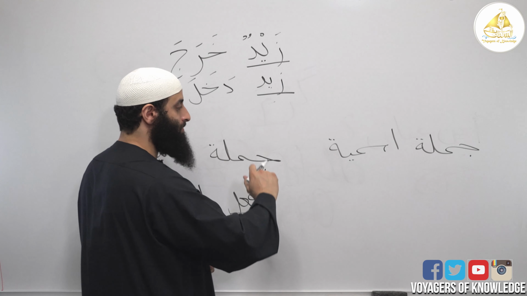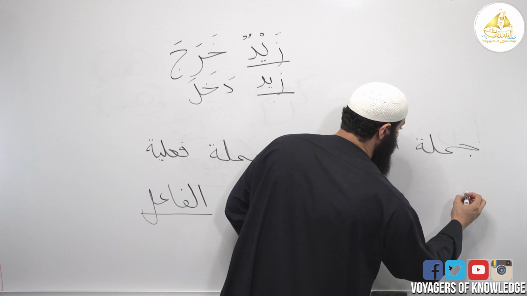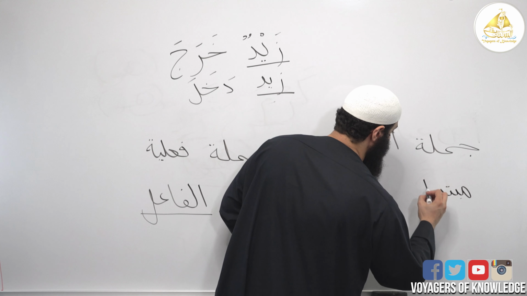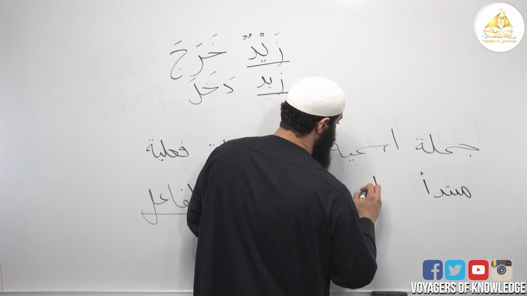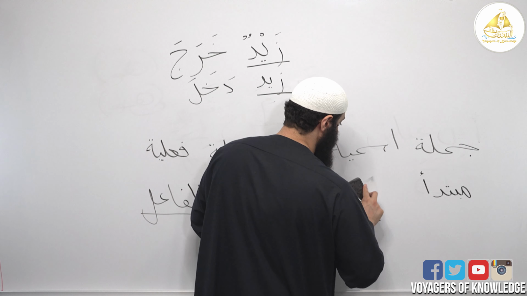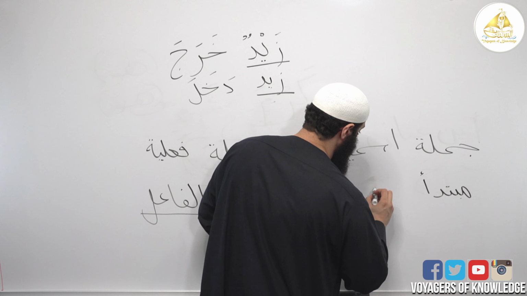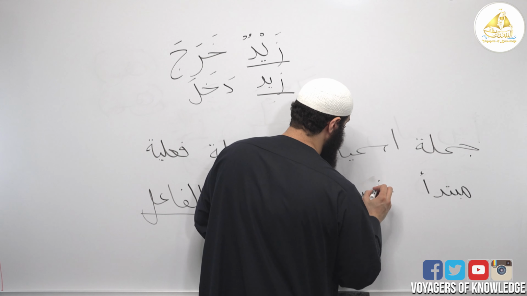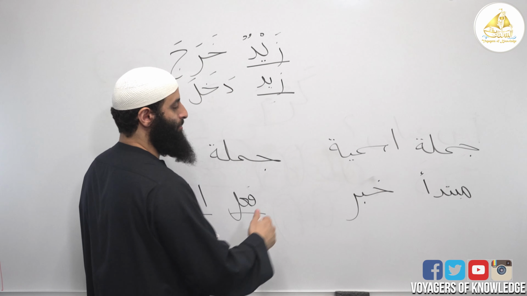And these kind of sentences are made up of a mubtada and I was going to write al-khabar. We'll just write khabar. Okay? A subject and a predicate.